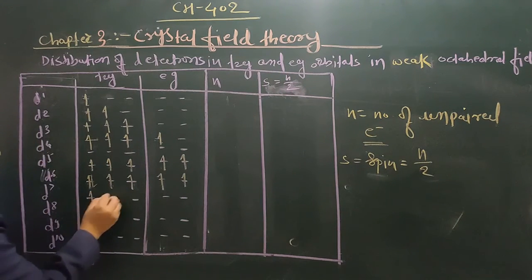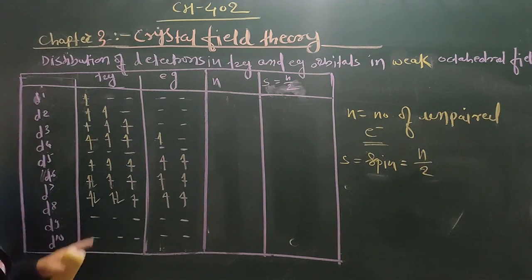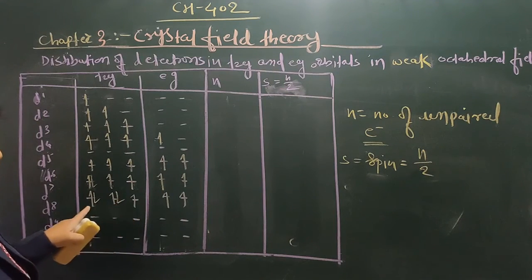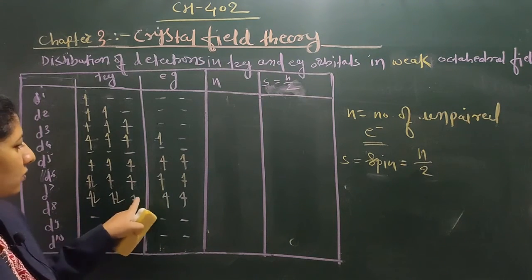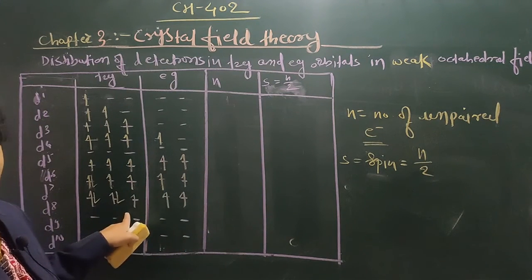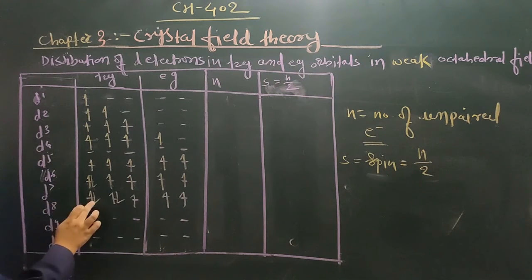Now for D7, that is 1, 2, 3, 4, 5, 6, 7. So here the number of unpaired electrons is 2. Here first we have to put the electrons singly in the T2g and eg orbitals. After that whatever electrons remain will go into the T2g orbital. So this is for D8.